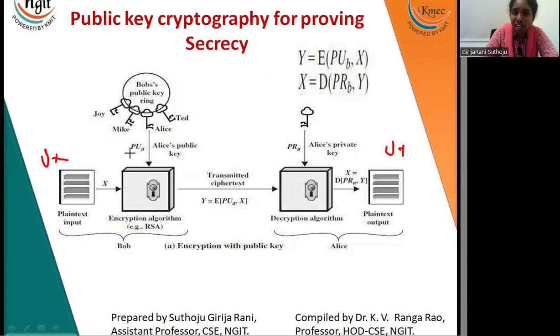Now, I am going with a transmission between Bob and Alice, where Bob is a person who is acting as a sender here and Alice is a receiver.